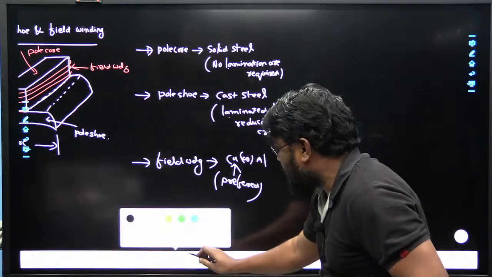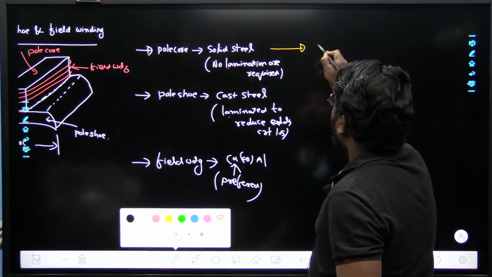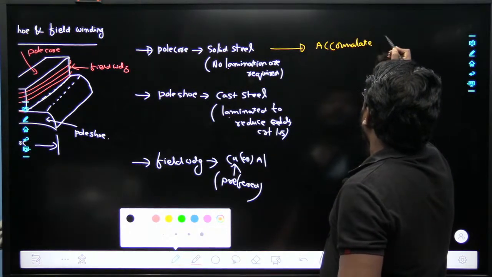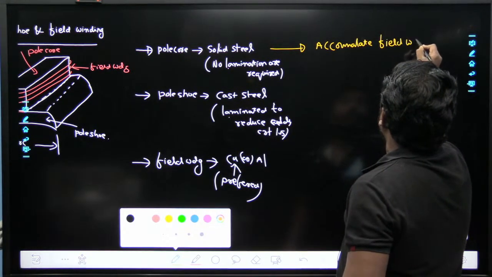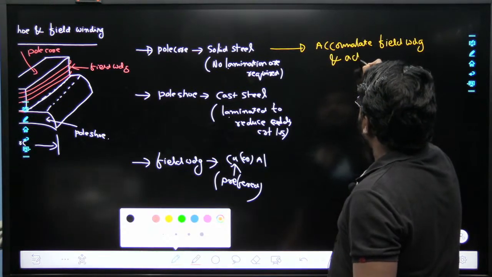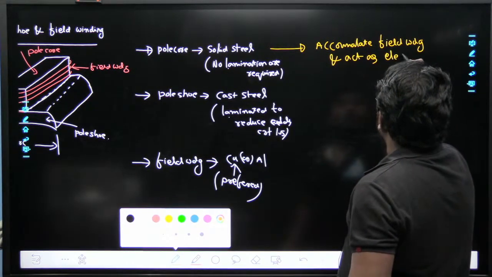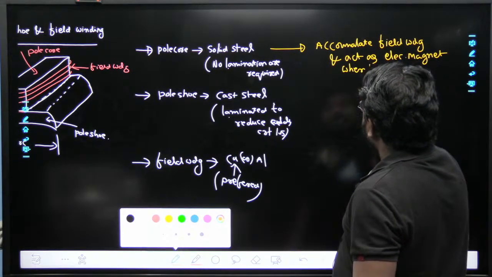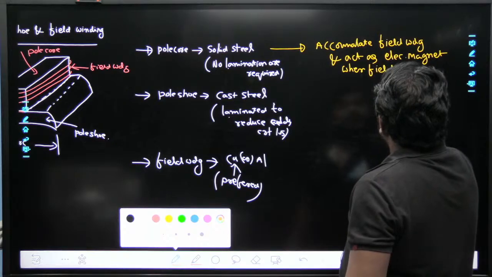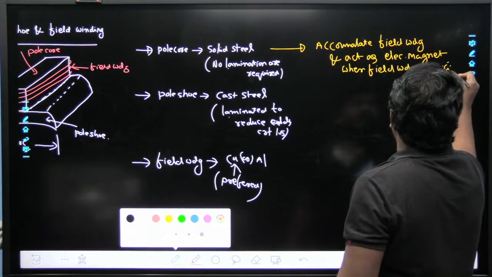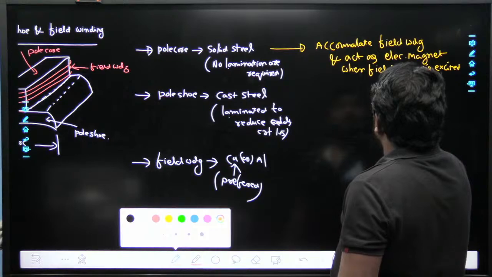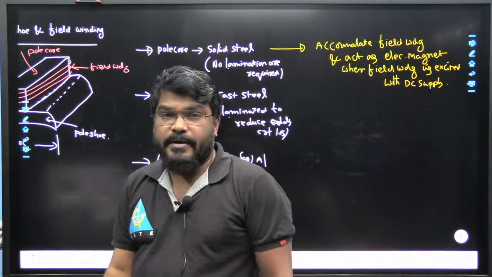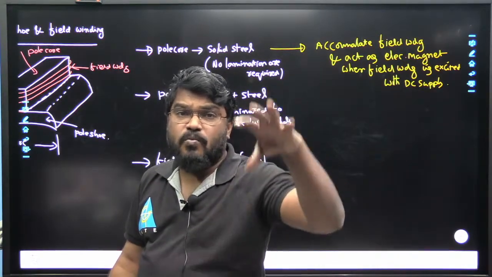So the pole core accommodates the field winding and acts as an electromagnet when the field winding is excited with the DC supply. Got the point? So when the field winding is excited with the DC supply, it acts as an electromagnet, and flux lines pass from one pole to another.